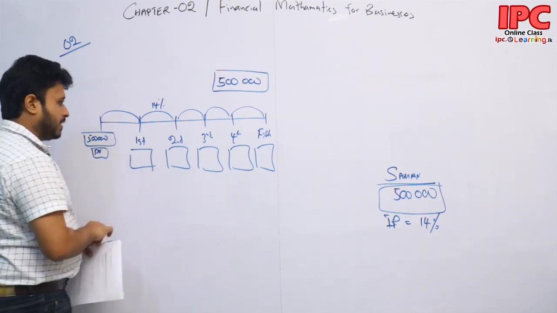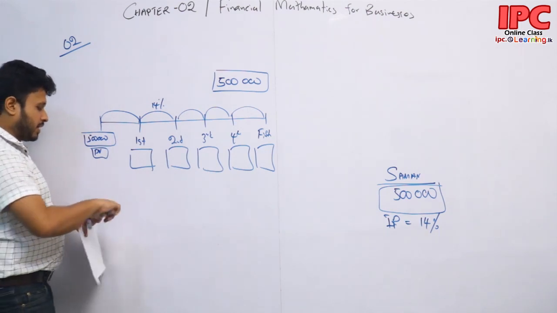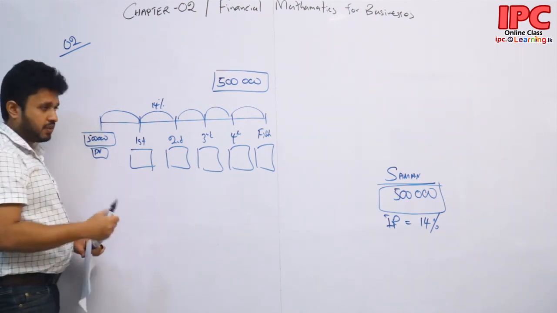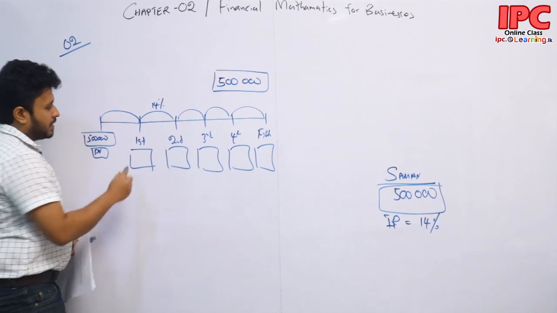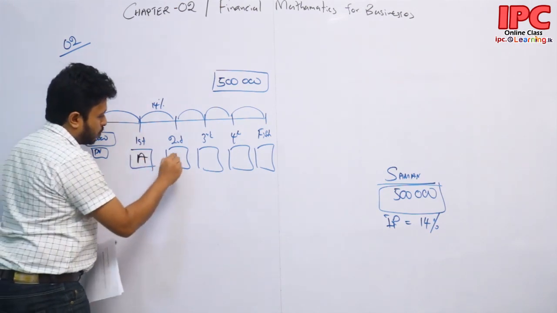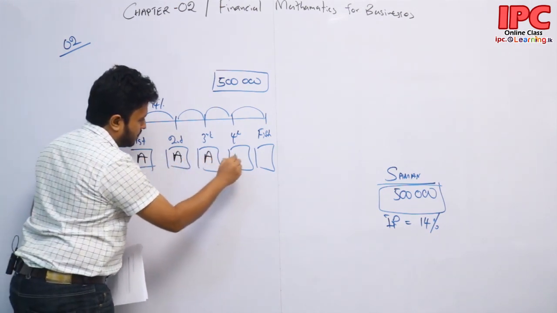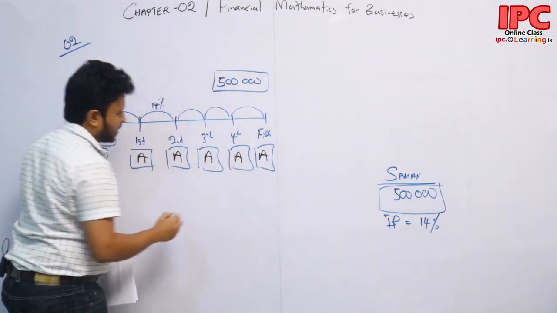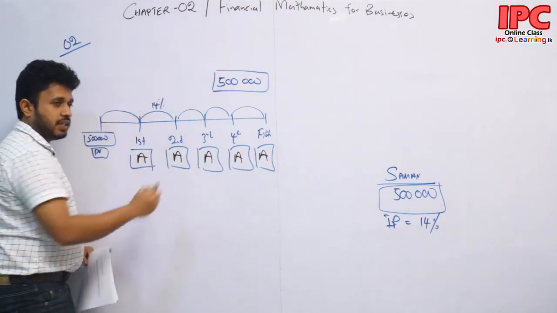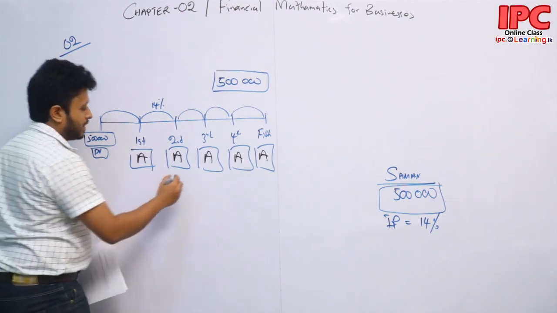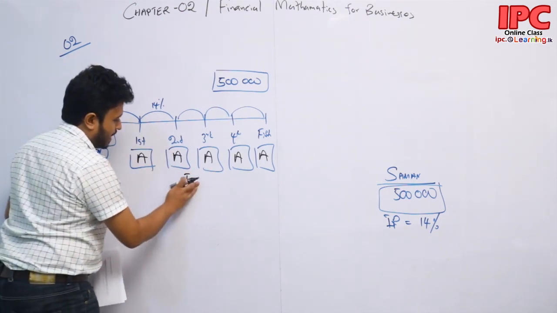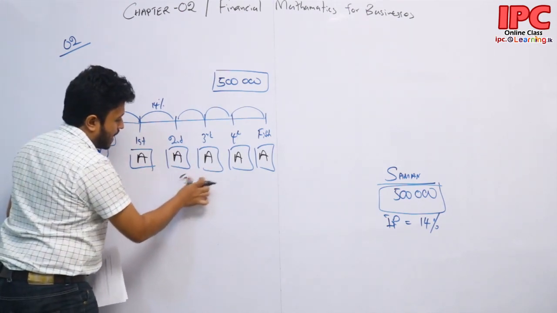Remember, if we identify the same installment every year, the same amount, we call it an annuity.